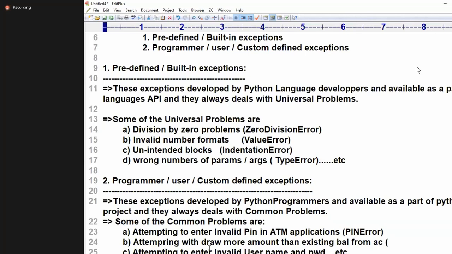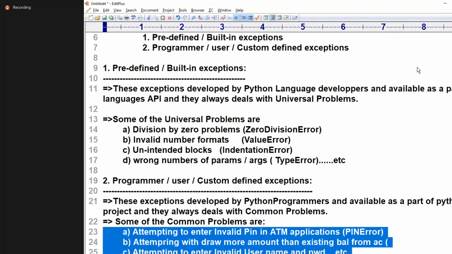Each and every type of invalid input is going to give you some type of exception. That exception we need to develop. Any exception that comes in our Python program is a matter of dealing with exception. From now onwards, make one thing granted.